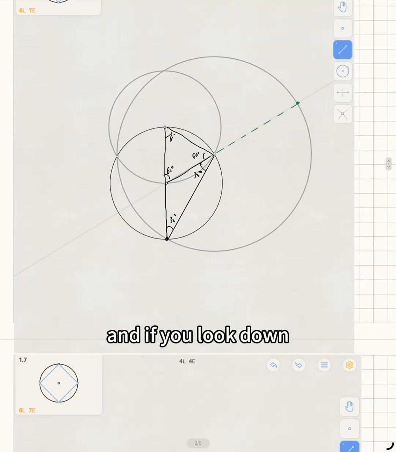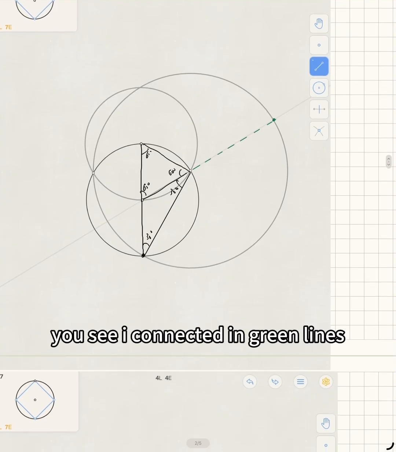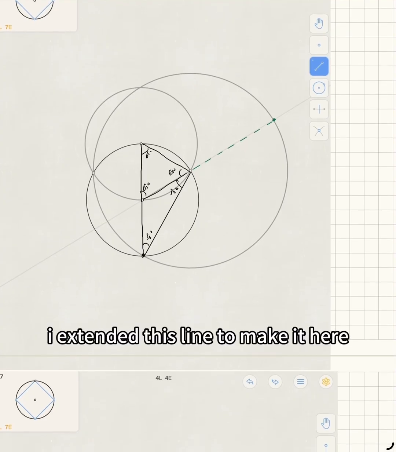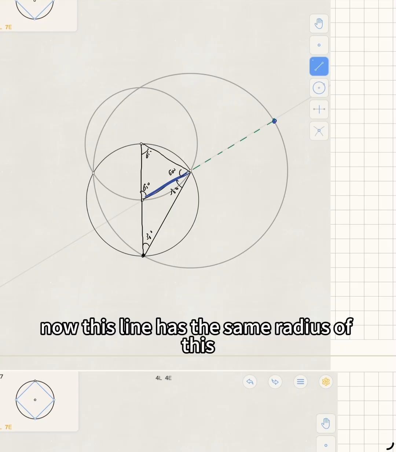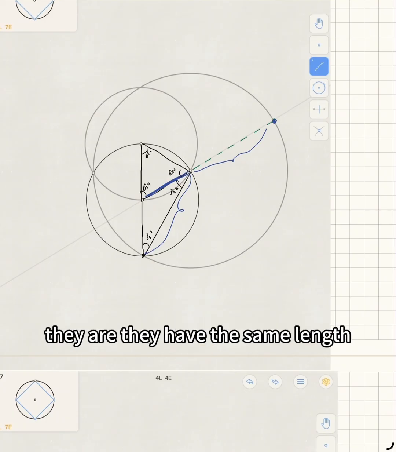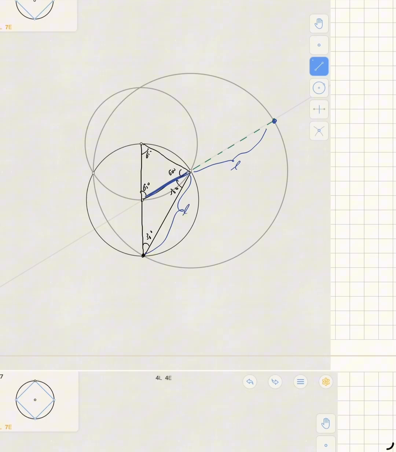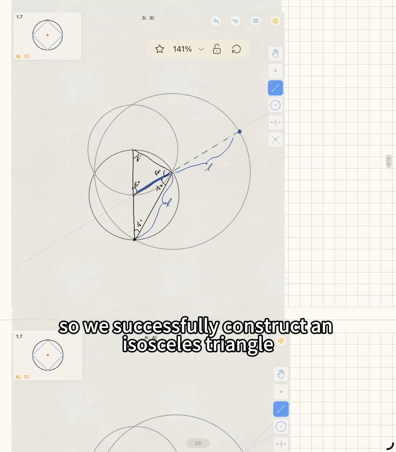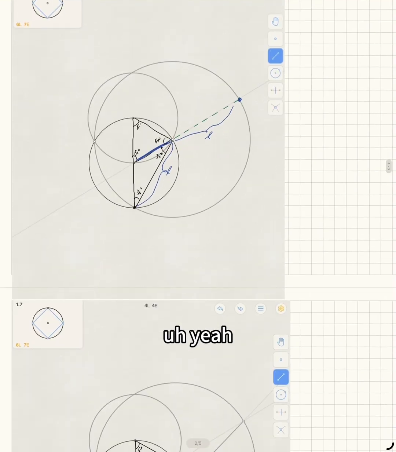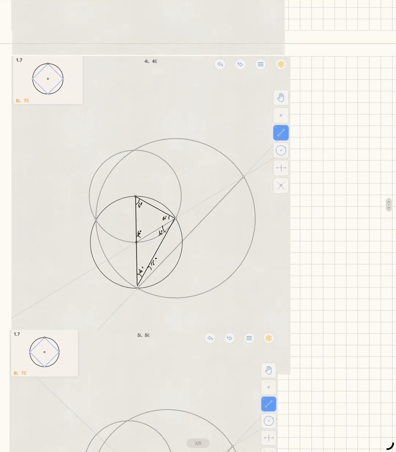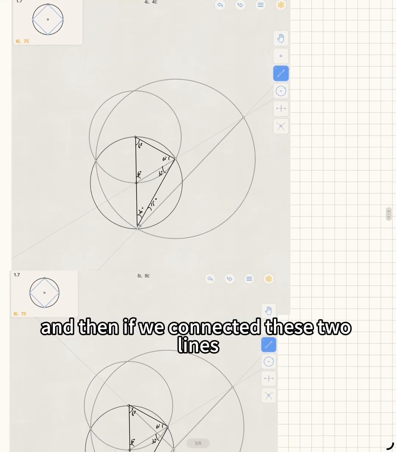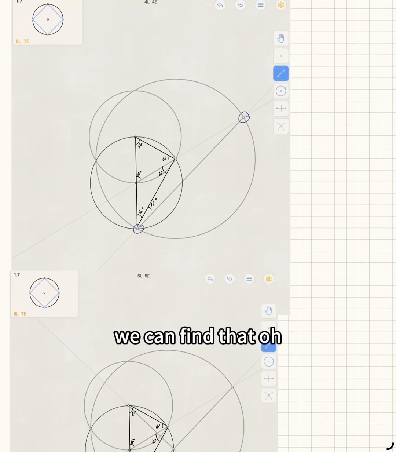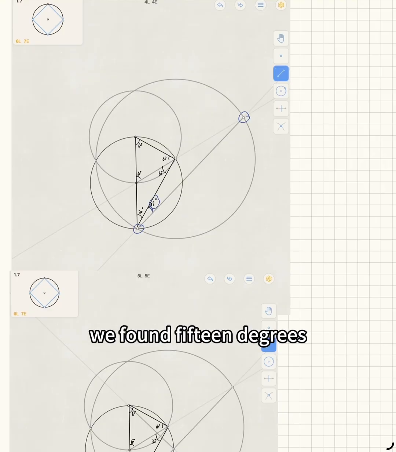And if you look down, you see I connected in green lines. I extended this line to make it here. Now, this line has the same radius as this. They have the same length. They are both L. So we successfully construct an isosceles triangle. And then if we connect these two lines, we find that we found the 15 degrees.